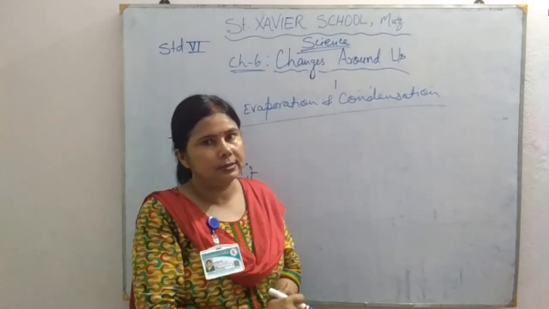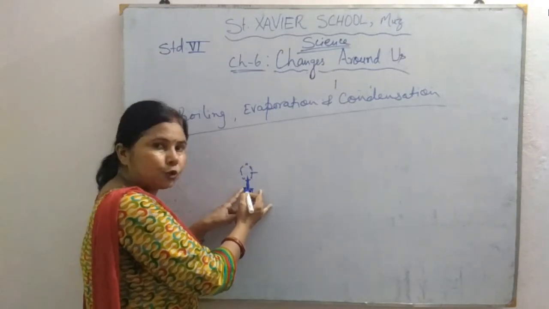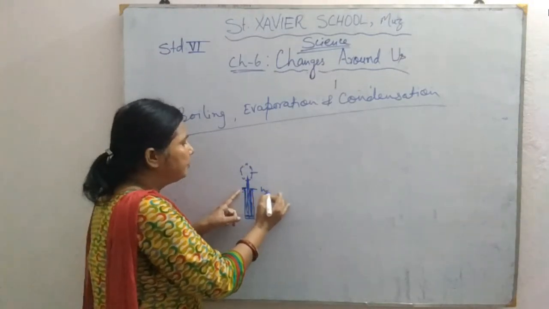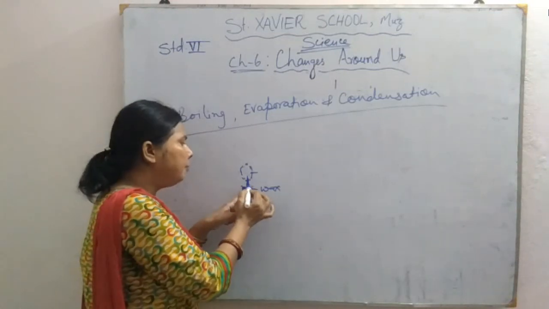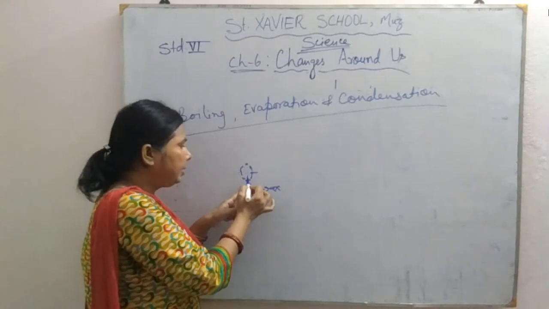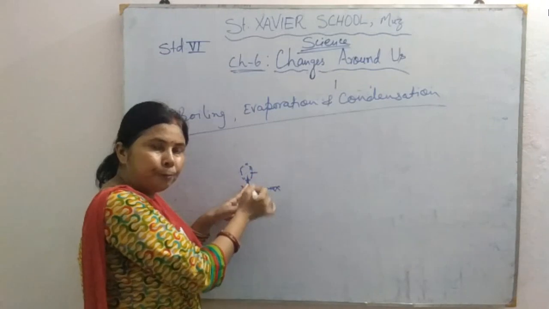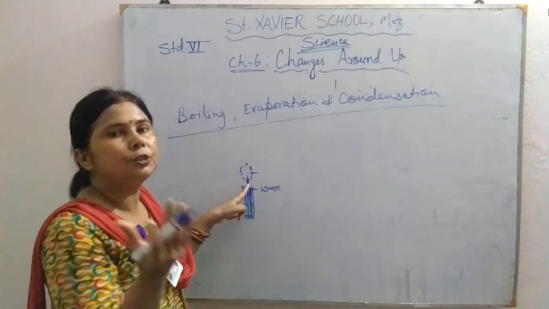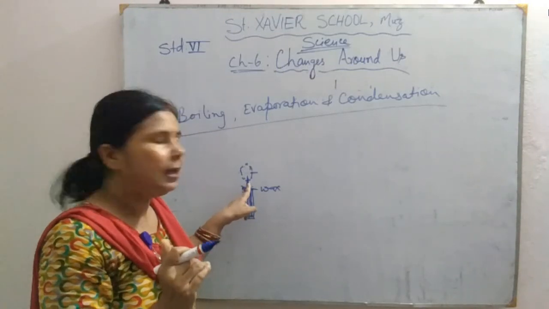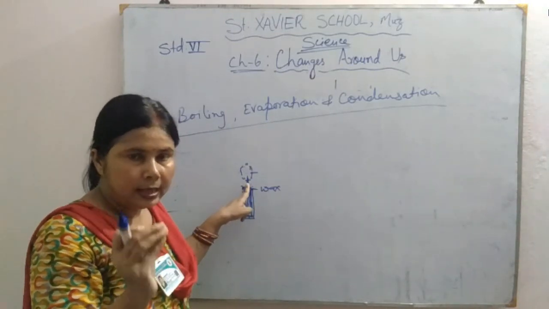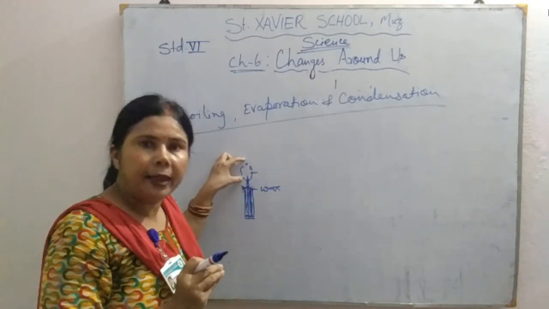a chemical change. The wax melted here is absorbed by the wick. And because of this flame, melted wax is converted into wax vapor. This melted wax in the wick gets converted into wax vapor because of the flame.